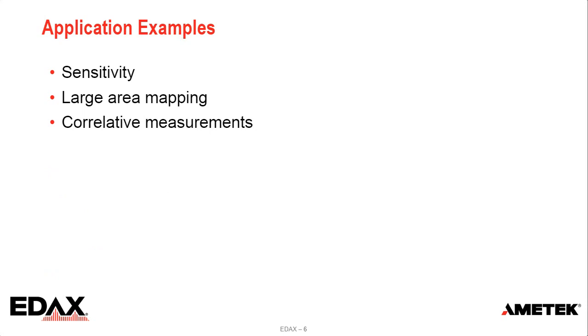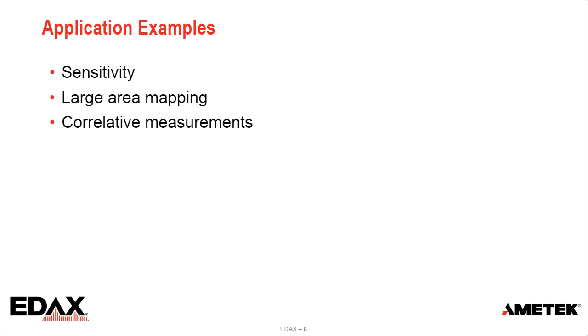So moving forward, I'm going to show you 3 categories of application examples. First, I want to show some EDS and micro-XRF application data to highlight the sensitivity of either technique. And then I'm going to show you some large area mapping examples for EDS and micro-XRF.